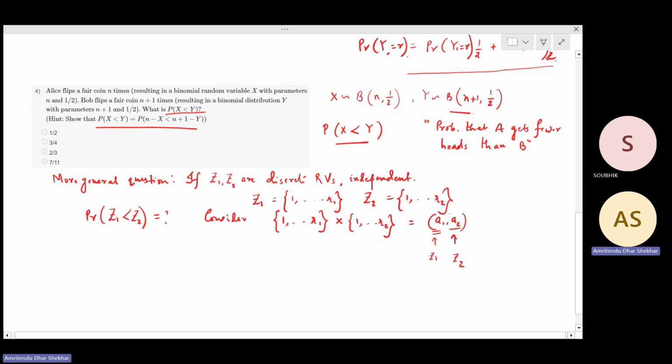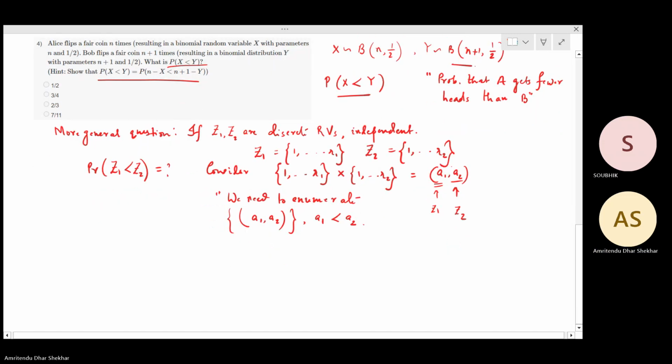When we ask for the probability that Z1 is smaller than Z2, we need to enumerate all those pairs A1, A2 where A1 is less than A2.